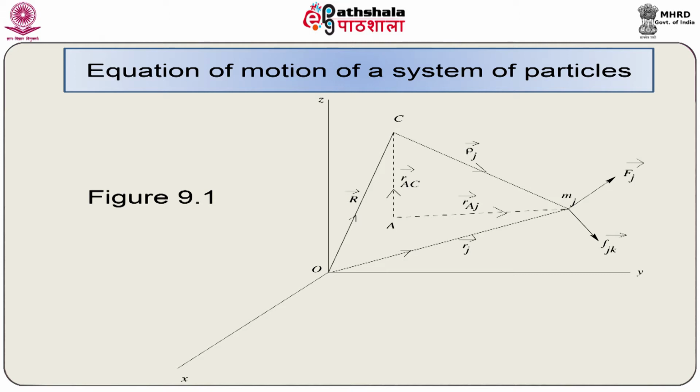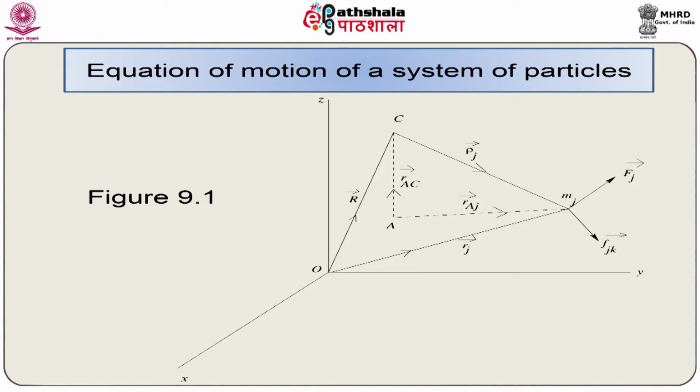Here jk are suffixes. Then f vector kj is the force exerted by mass mj on mk. By Newton's third law, we know that action and reaction are equal and opposite. This gives f vector kj equal to minus small f vector jk.